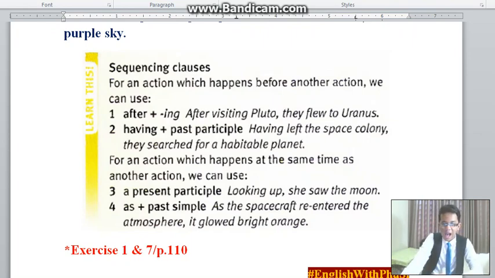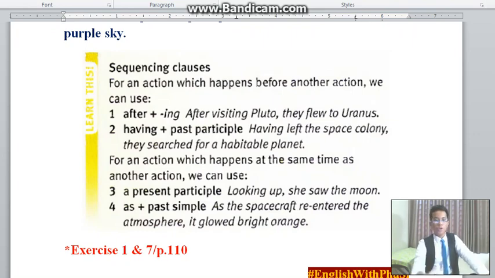You can say 'As the spacecraft re-entered the atmosphere, it glowed bright orange.' So for actions happening at the same time as another action, the present participle is the first choice, and the second choice is as plus past simple.